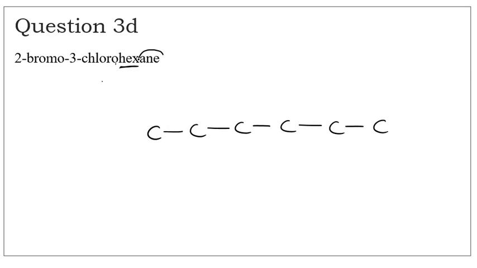So don't have them too close together. It ends with an ANE, so you don't have to do anything. Now there's a bromine on carbon number 2, so I want to call that 2. This bromine is Br, and a chlorine on carbon number 3. Okay. Alright, I'm going to write Cl clearly so people don't complain that it looks like an A. And then you finish with hydrogen.